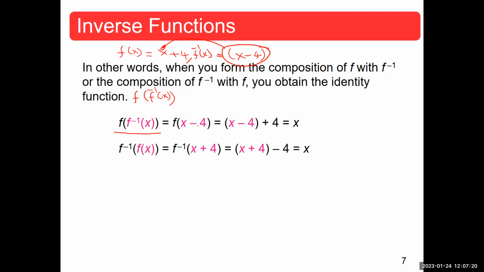So we get x minus 4 plus 4. Well, minus 4 plus 4 is 0, and what we're left with is x.